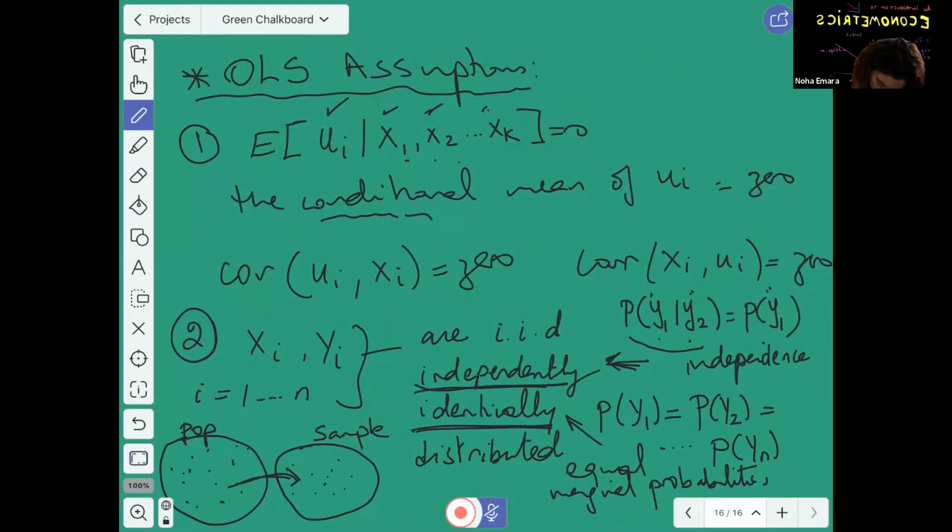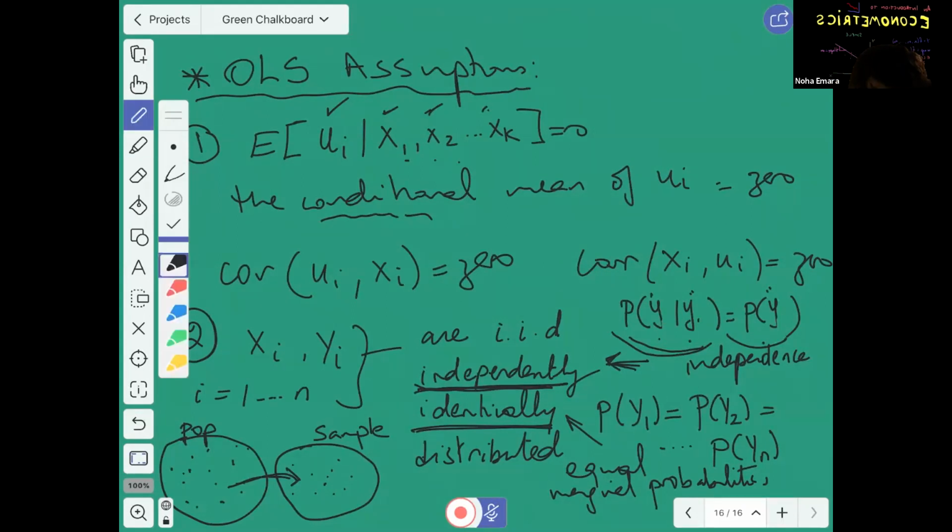So independence is about the conditional probability. The conditional probability of Y1 given Y2 is equal to everything about Y1. And you can make it more general, because I have multiple individuals. It's not only 1 and 2, so I say the conditional probability of Ym given Yn is equal to everything about Ym, okay?